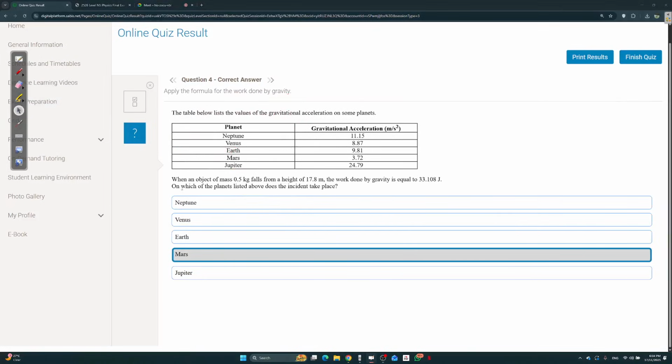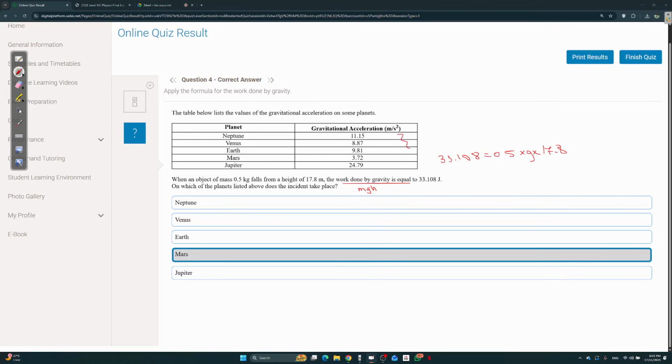Alright, over here, when an object of mass 0.5 kilograms falls from a height of 17.8, the work done by gravity is 33.108. On which planet did the incident take place? What is the work done by gravity? The work done by gravity is mgh. Simply, 33.108 is equal to the mass, 0.5, times g, which we don't know. We're trying to find the g, and we're going to match that g with the g in the table and choose which planet it is, okay? 0.5 times g times the height, 17.8.